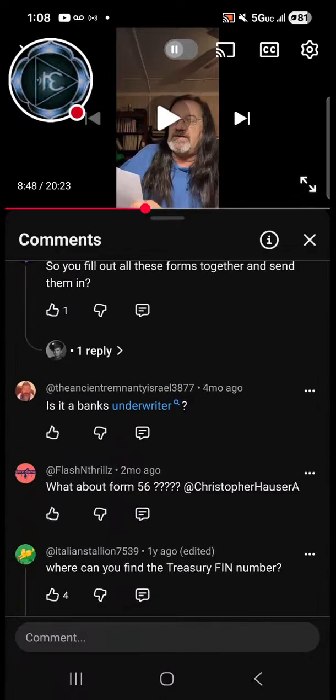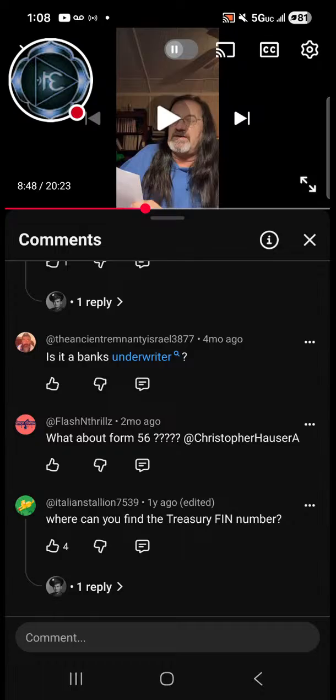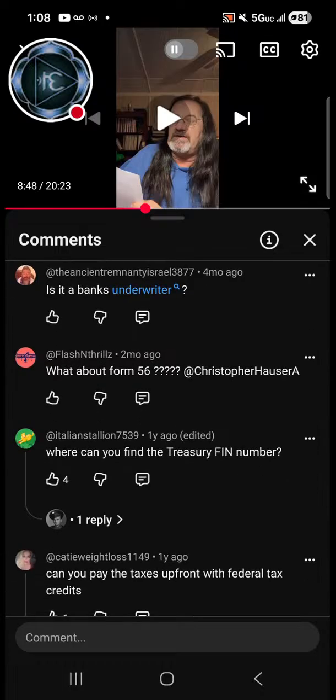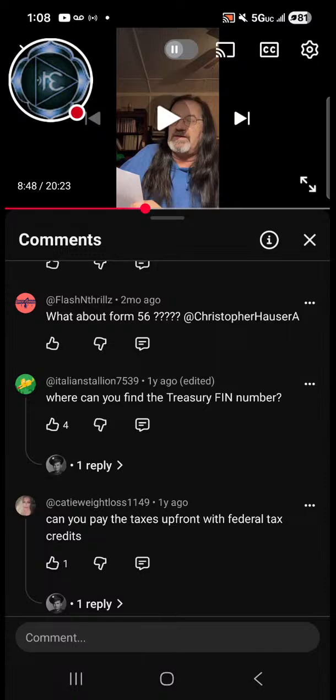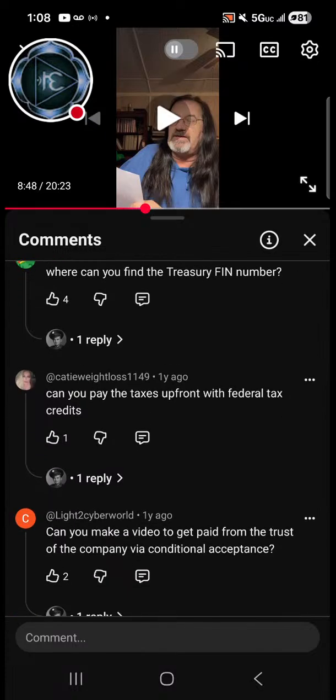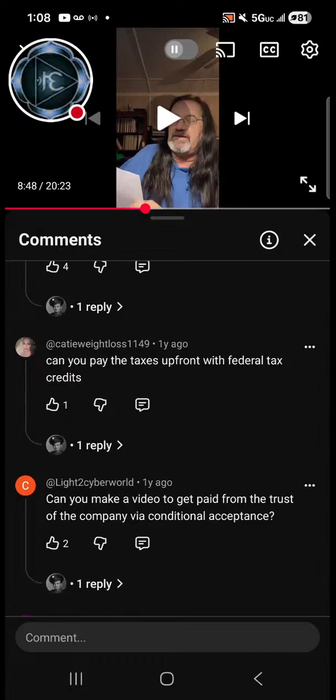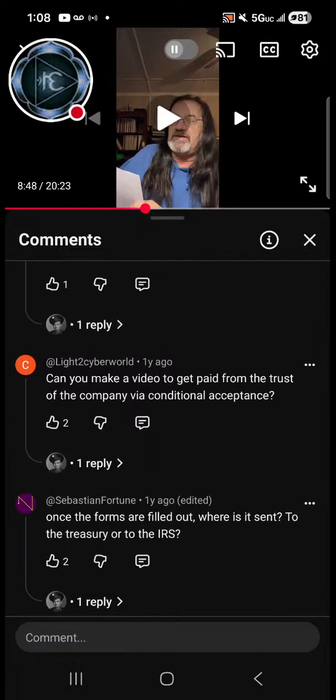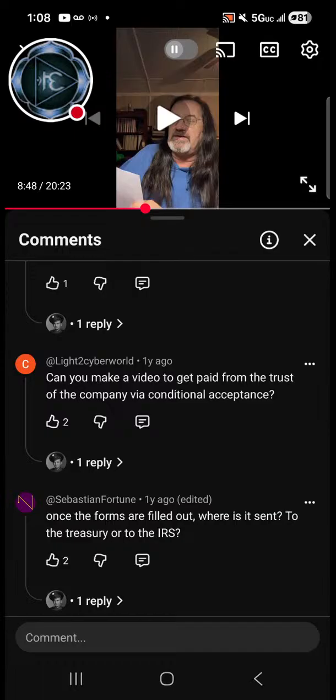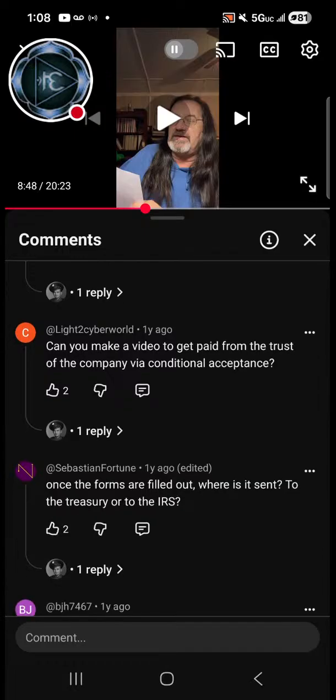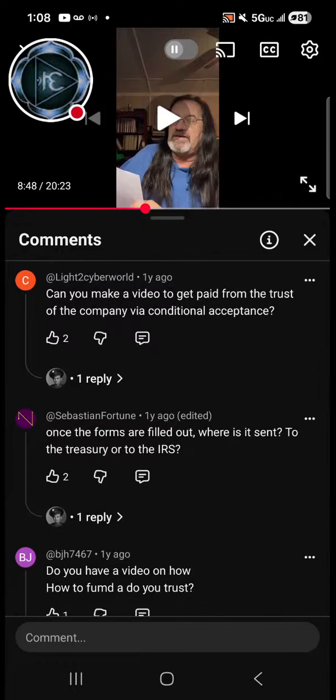Oh wow. Is it a bank's underwriter? What about Form 56? Where can you find the Treasury FIN number? Can you pay the taxes up front with federal tax credits? Exactly. It should be included. Can you make a video to get paid from the trust of the company via conditional acceptance?